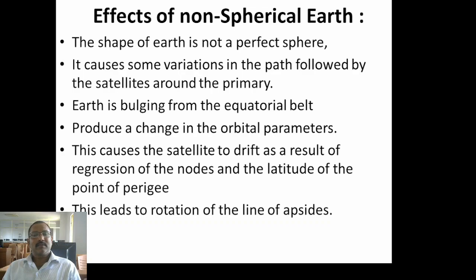So everything will shift. These changes lead to rotation of the line of apsides. The orbital parameters change because the Earth is not an exact sphere.